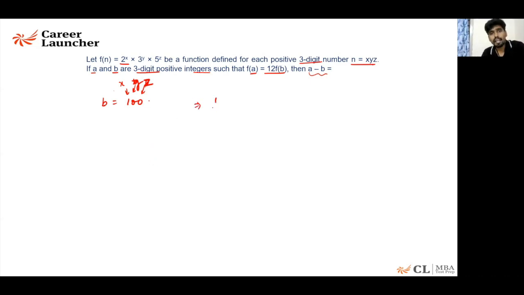So what will you get as f of b? f of b is equal to 2 power 1, 3 power 0, 5 power 0, which is equal to 2. What is given? f of a is equal to 12 times f of b. f of a should be equal to 12 times 2, which is equal to 24.